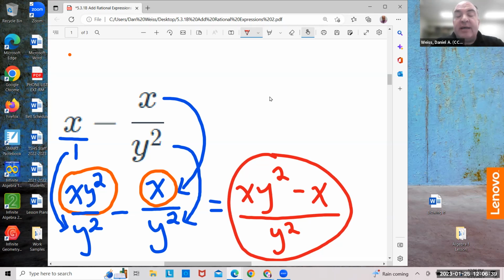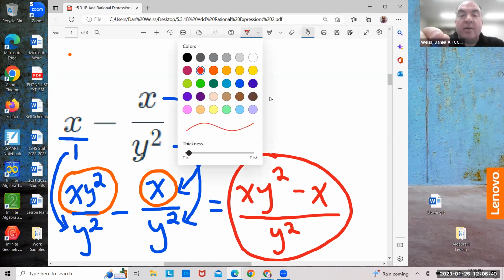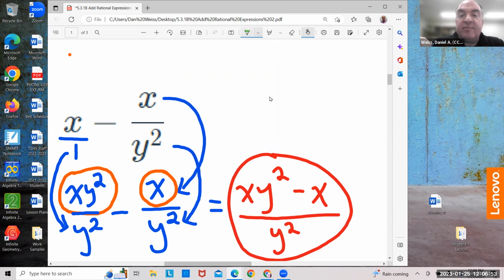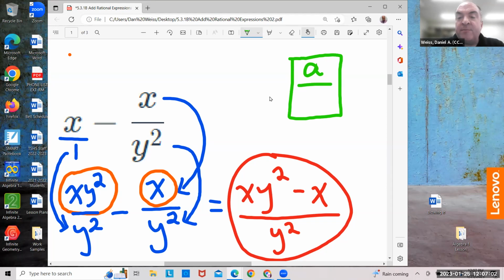Now, when you are putting your answer in on Delta Math, do you remember this key? You have to use this key. It's A over B. That sets up the fraction.